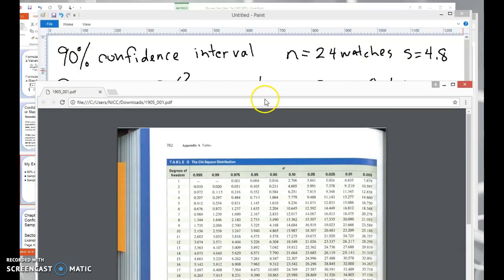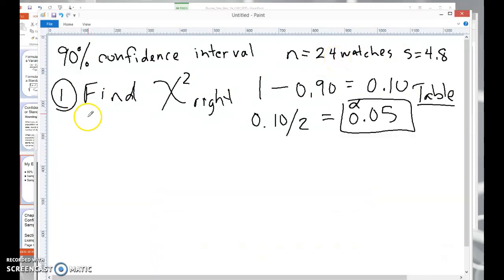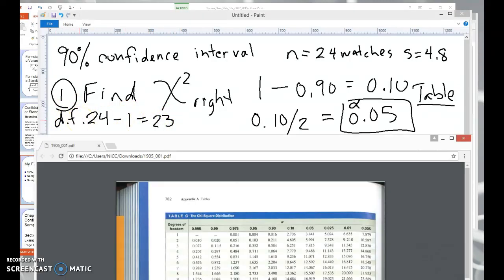And we're looking for degree of freedom, 24 minus 1, which would be 23. All right.